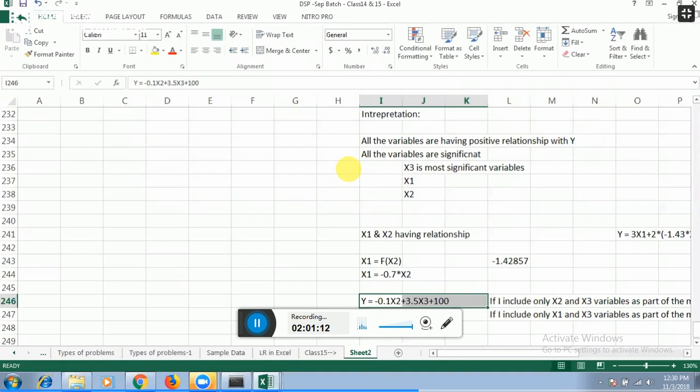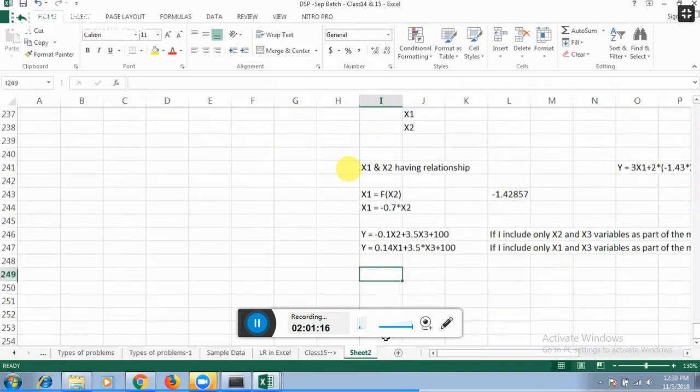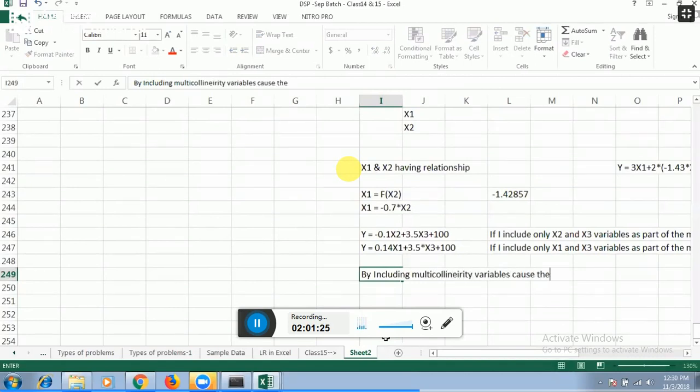So basically, including multicollinearity variables causes the following things.